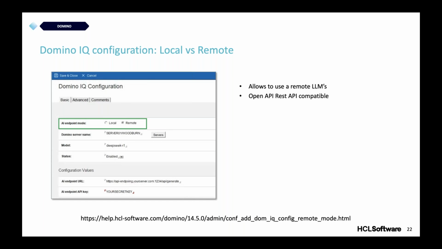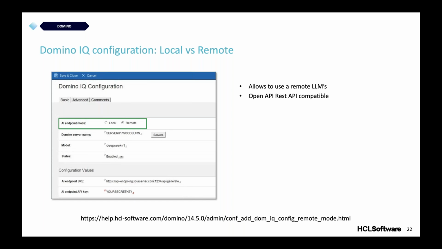Domino IQ, in the way we built it, was running local on the Domino server. But a number of customers had existing AI servers already in their environment. And they asked, can we actually configure Domino IQ to run against our existing AI engine?